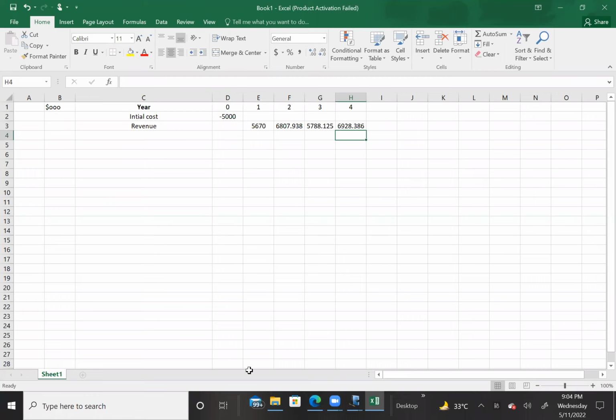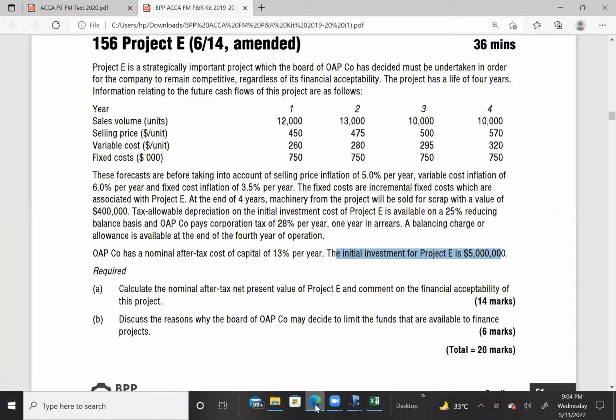So this is the sales revenue. You get it? Yes, students, you get this?